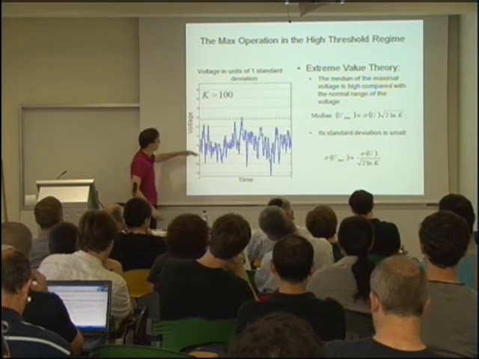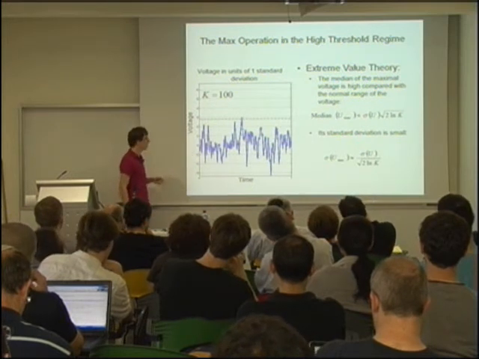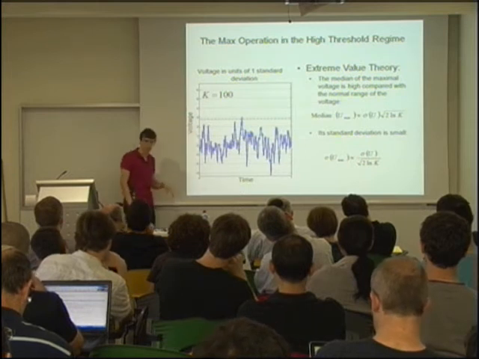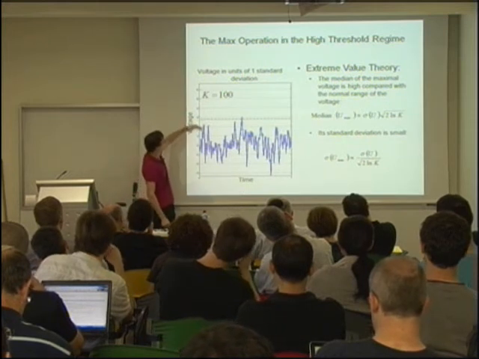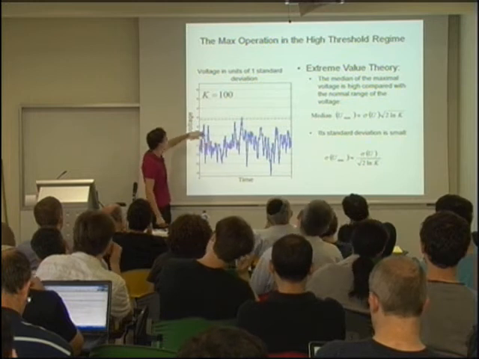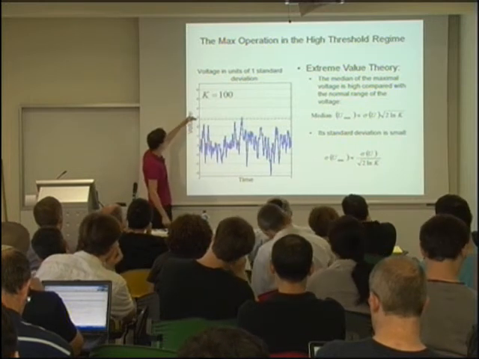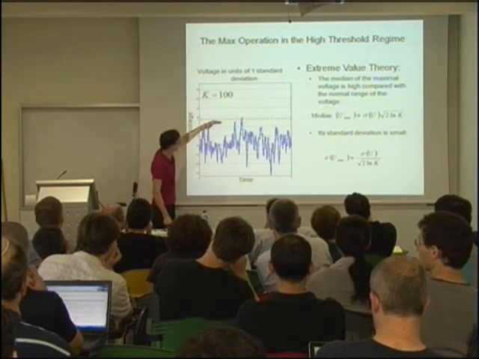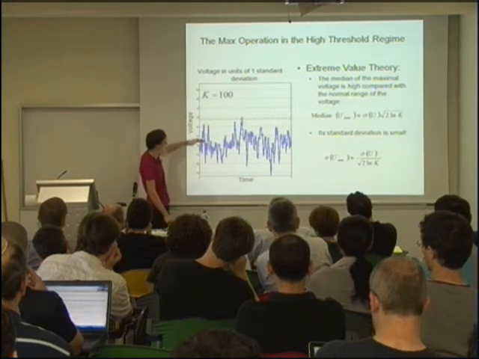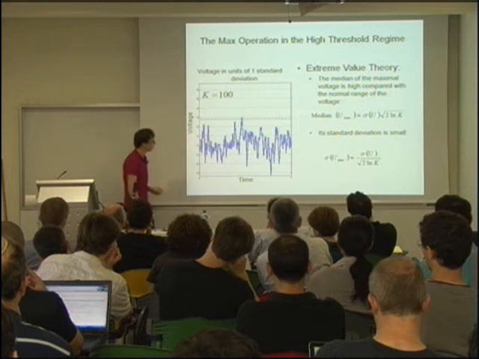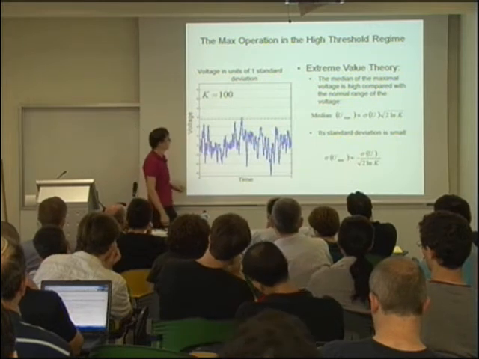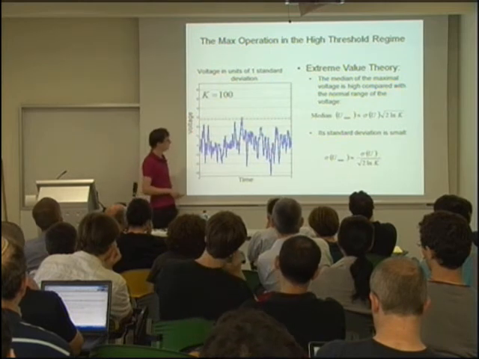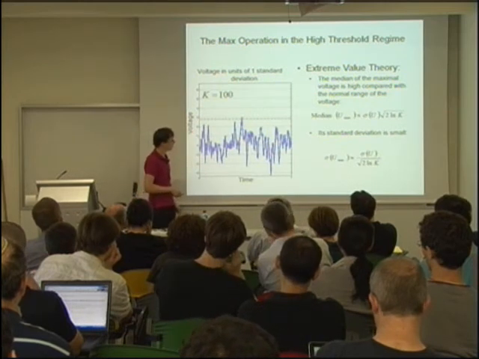So here we see the voltage trace we saw before. But now I plot the voltage in units of one standard deviation, and you can see that even for k equals 100, which is not very high, the maximum is around three times the standard deviation of the signal, and I don't show it here, but the standard deviation of the maximum is also small.